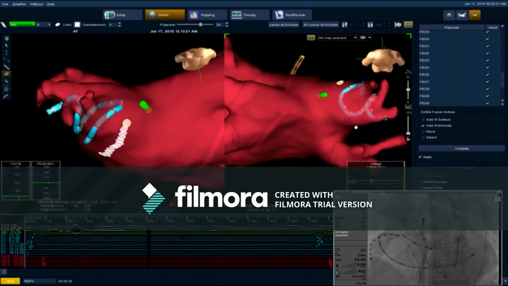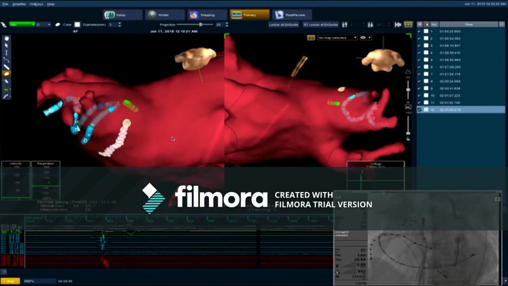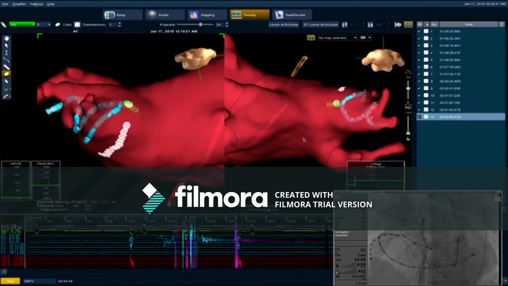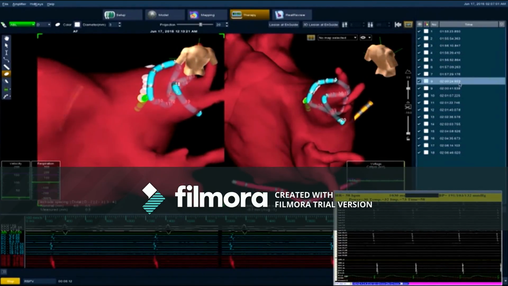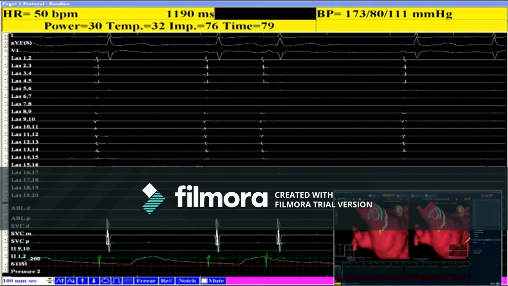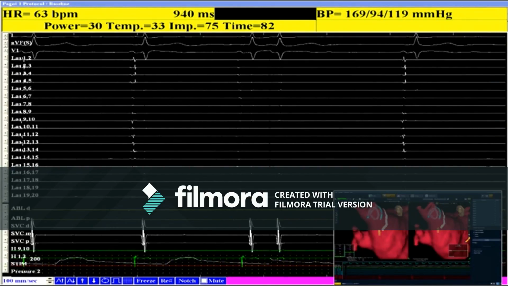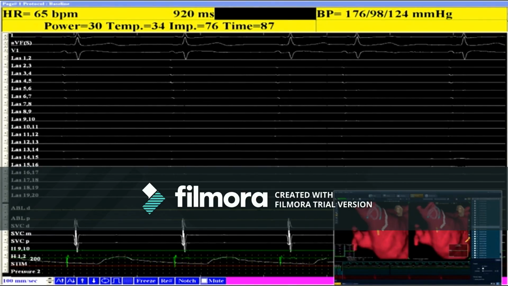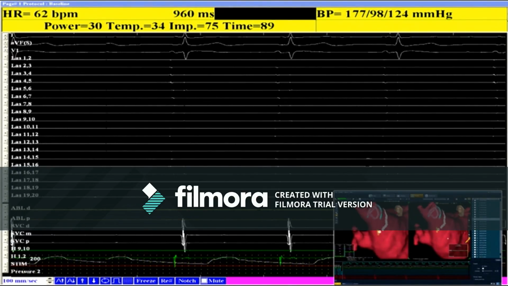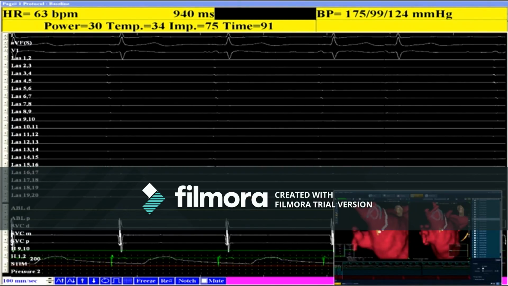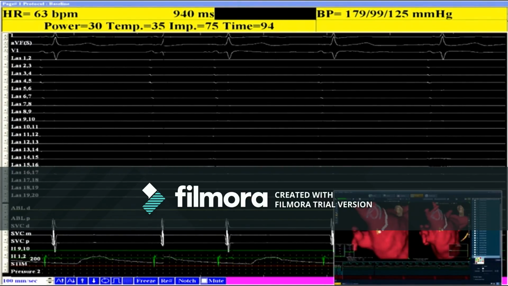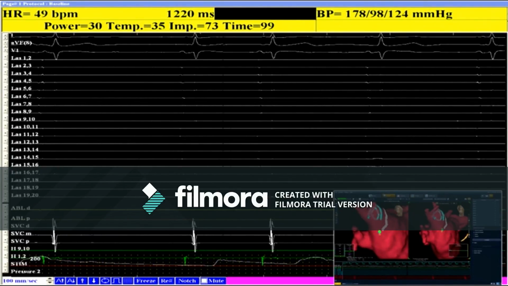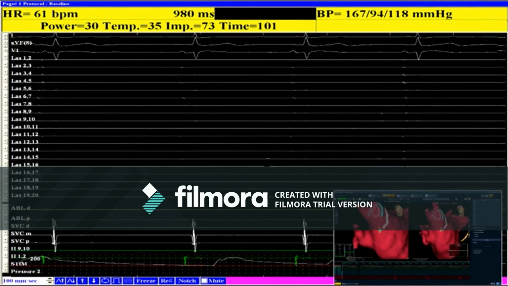Go. Done. Potential is eliminated at this anterior location.